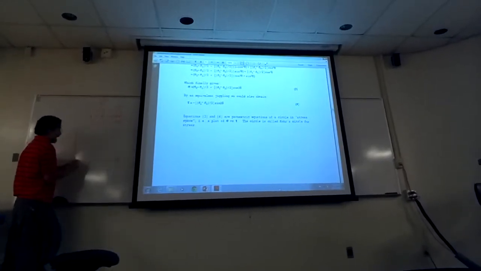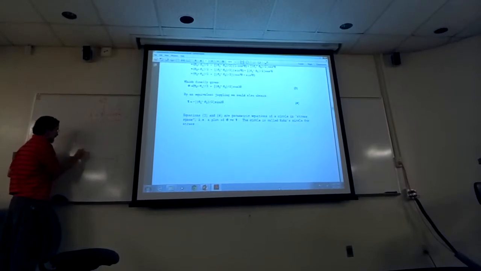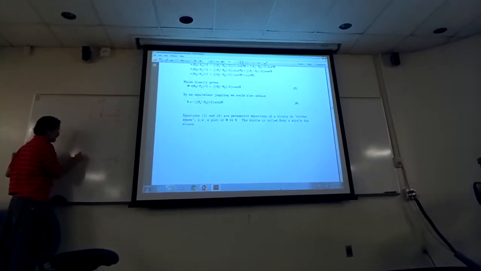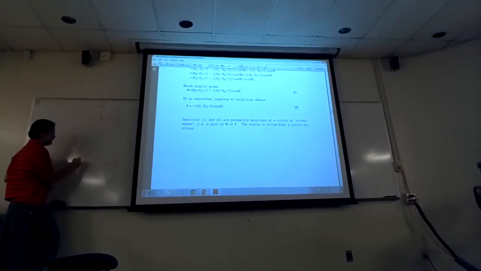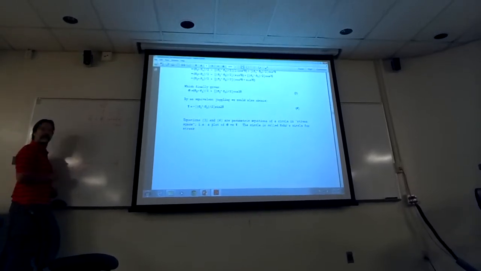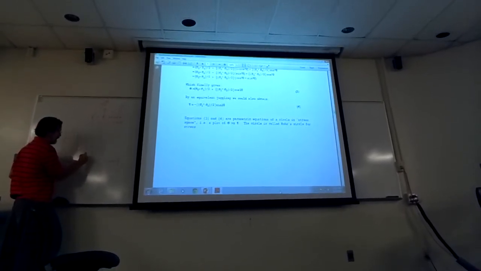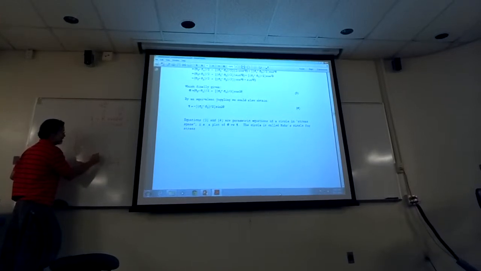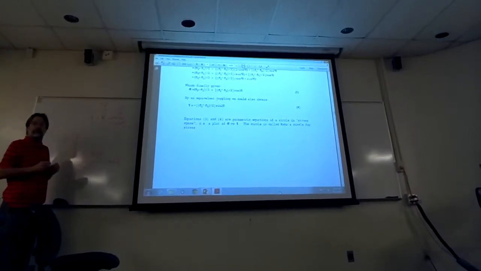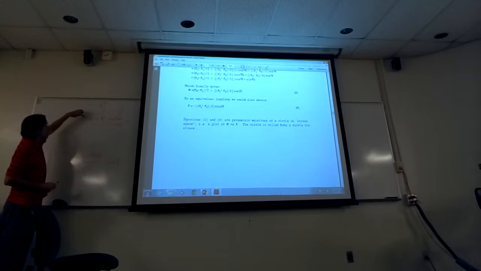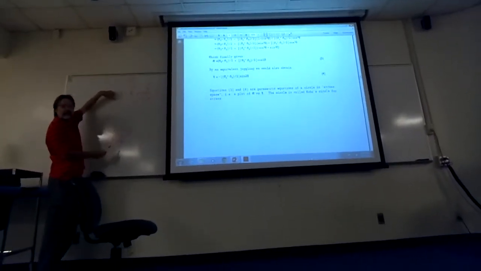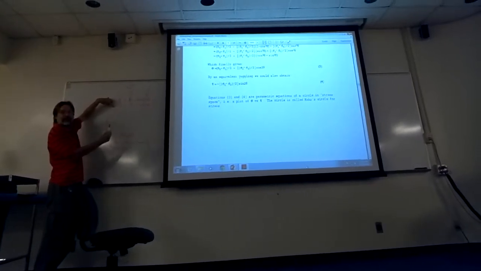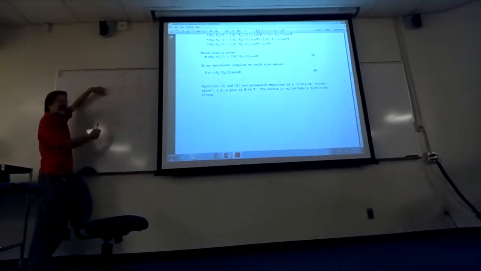That's r cosine psi, and that angle is psi, and that one is r sine psi, right? That's why it's a pair of parametric equations in sigma and tau. Cosine, sine. You never thought the unit circle was going to come back to haunt you, did you?